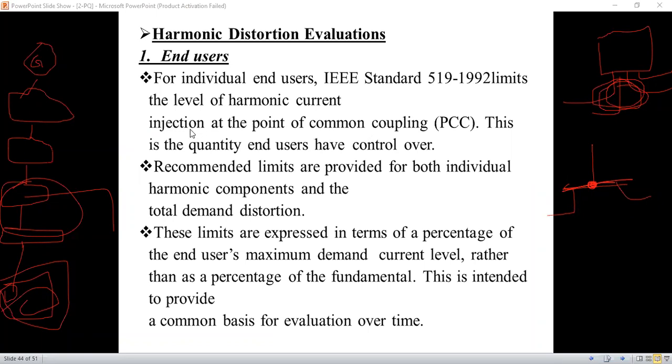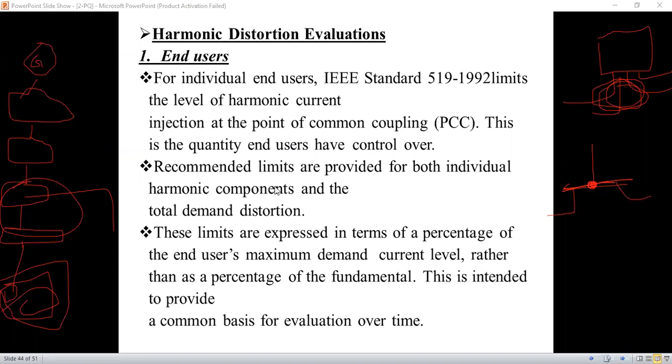At that point we have to limit the injected current. This is the quantity end users have control over.